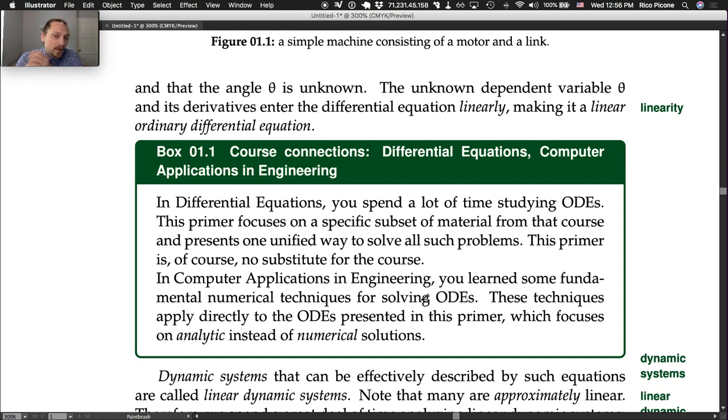In computer applications in engineering, which is our intro course for people who will be ME majors, you learn some fundamental numerical techniques for solving ODEs. These techniques apply directly to the ODEs presented in this primer, which focuses on analytic instead of numerical solutions.